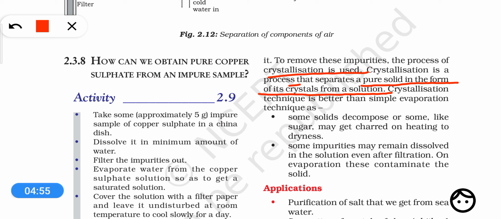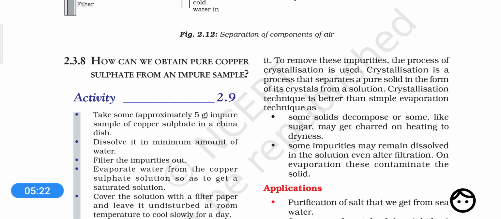This process is called the crystallization method. The crystallization method uses the concept of solubility: solubility decreases when the temperature of the solution decreases, and because of this the extra amount of solute gets separated in the form of its pure crystals.